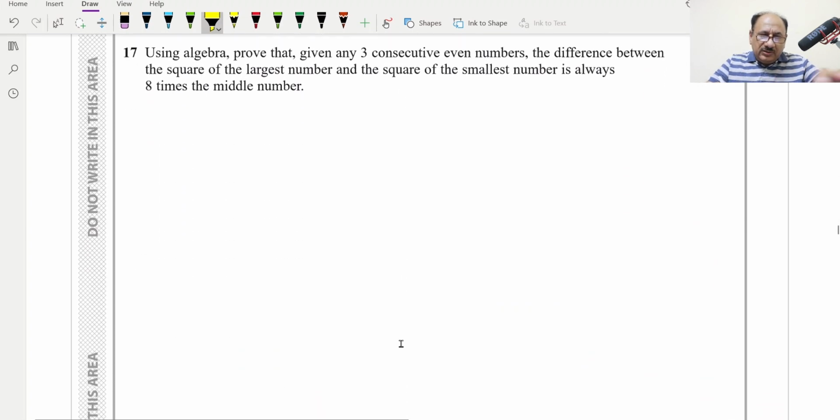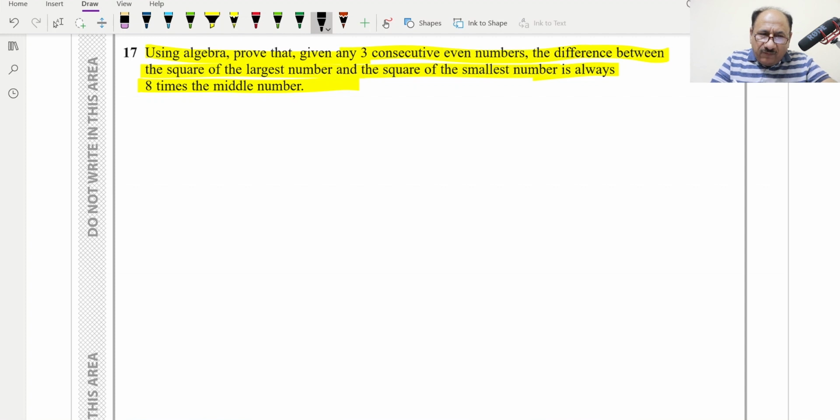Then question number 17, they are saying using algebra prove that given any three consecutive even numbers, the difference between the square of the largest number and the square of the smallest number is always 8 times.